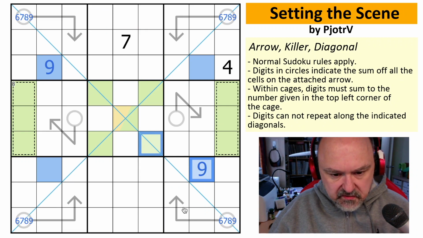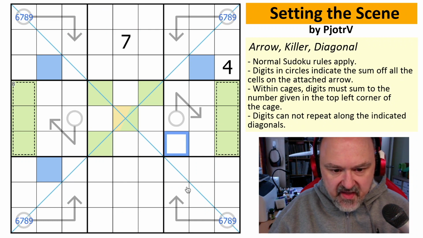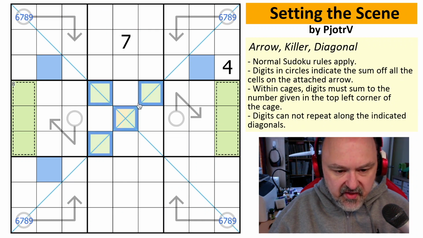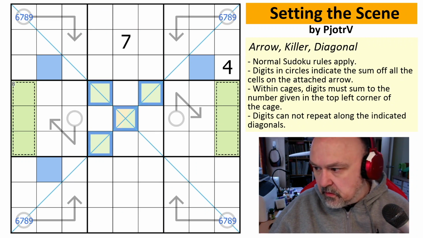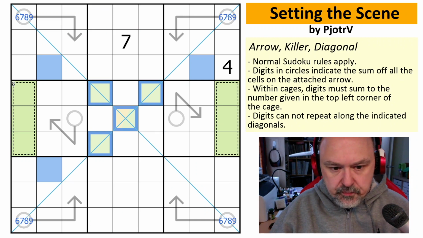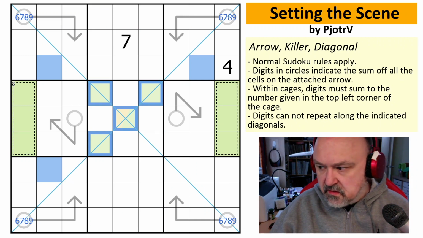Which all of a sudden means my equivalent set starts looking like that. And that's got to be broken, because the minimum I could put in there now would be 11. 11 plus 8 plus 6 is 25.